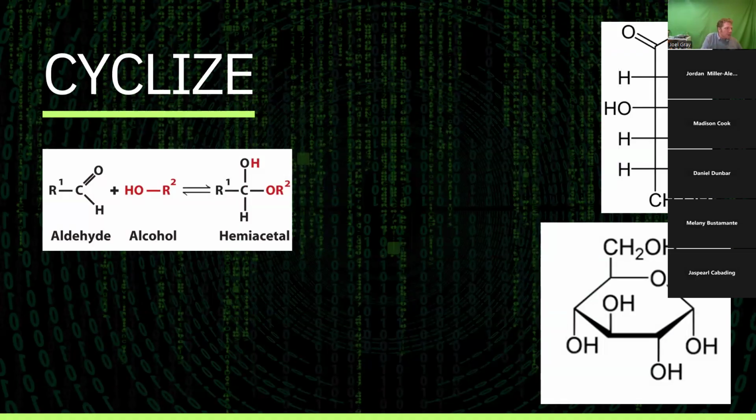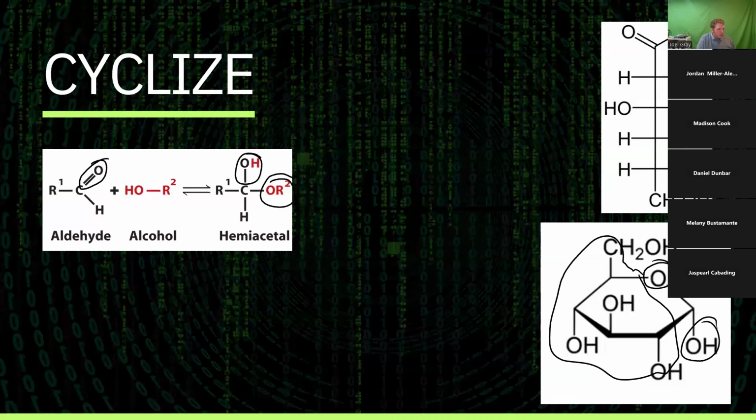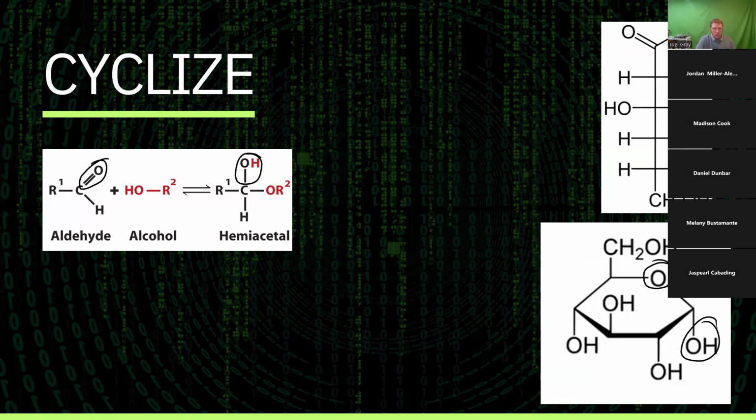That hemiacetal, this OR right here, is effectively this plus the R group. And this carbonyl oxygen becomes this alcohol right here. I'm going to erase the other markings. But that hemiacetal is the product of an aldehyde plus an alcohol.